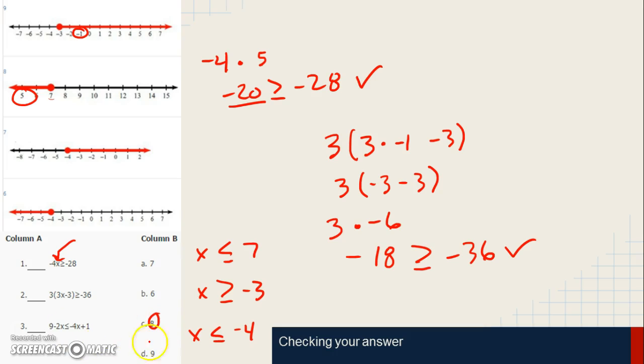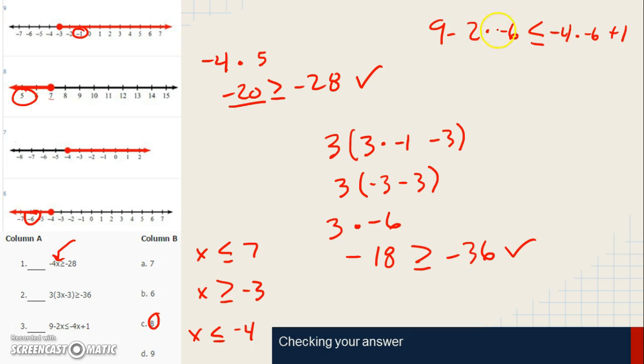Well, I'm just going to check the last one real quick, and we got less than negative 4, so we'll just take negative 6. We get 9 minus 2 times negative 6 is less than or equal to negative 4 times negative 6 plus 1. So this number on the right side should be bigger than the number that we get on the left side.